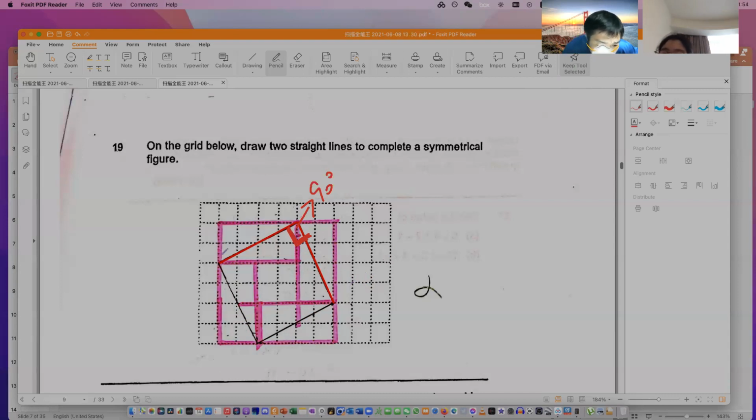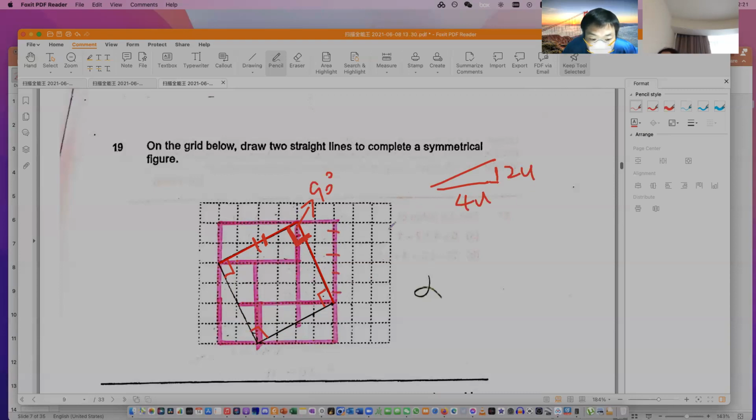Once you have made sure this is 90 degree, the next step is to make sure that all these are 90 degree. So this length is given by 4u and then 2u, 1, 2, 3, 4, 4u again.